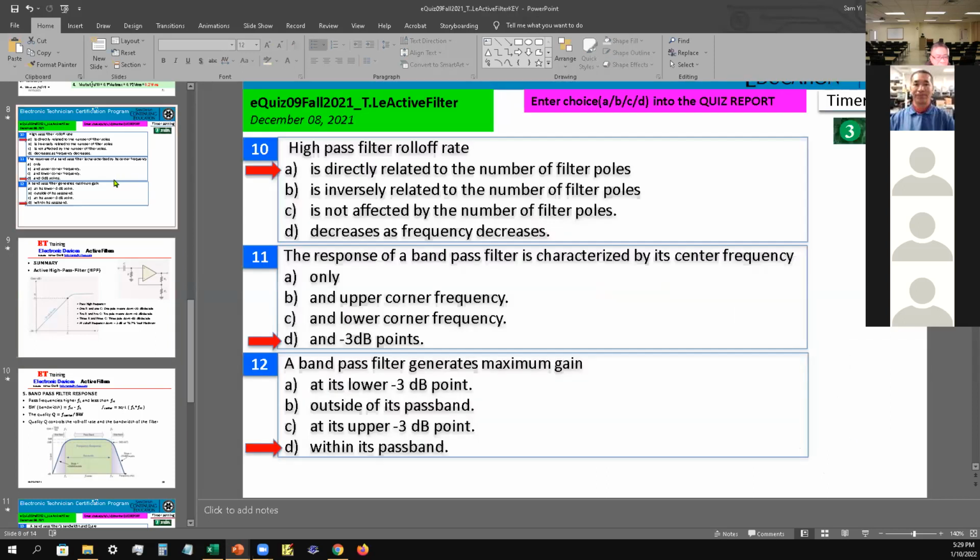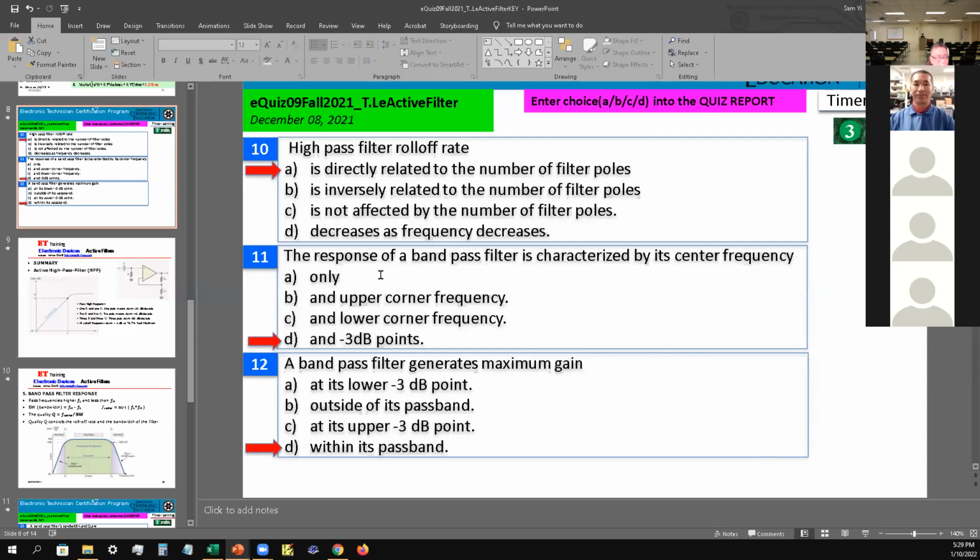So it's directly related to the number of poles, the roll-off rate dropped by that. So A for number 10.